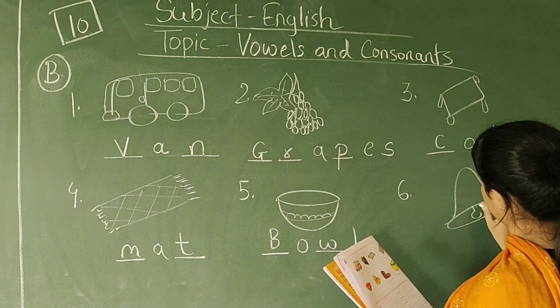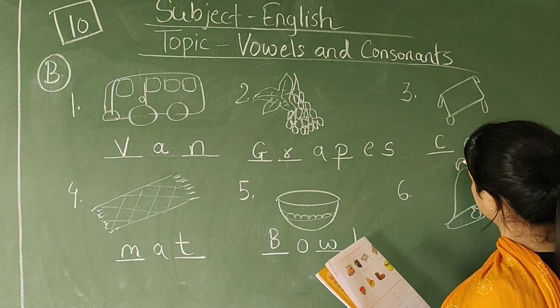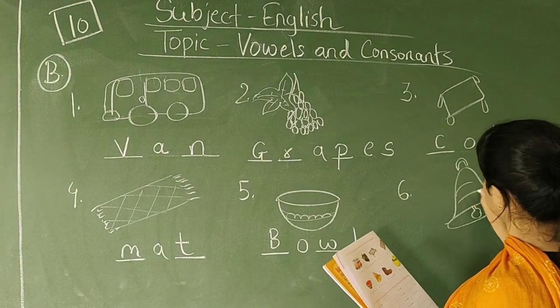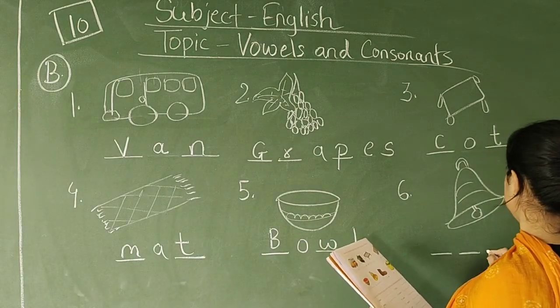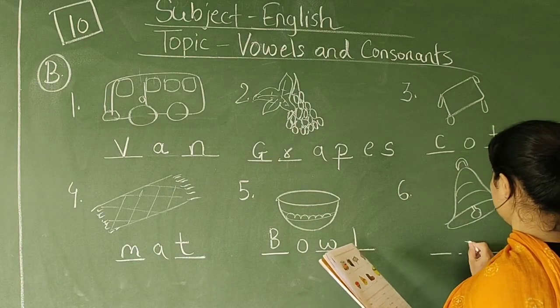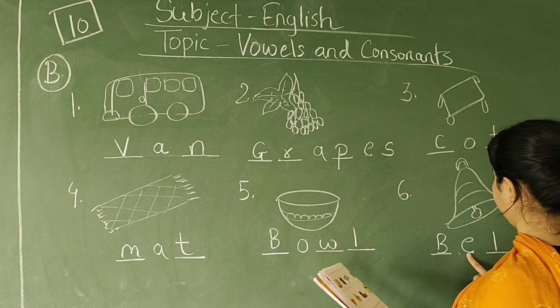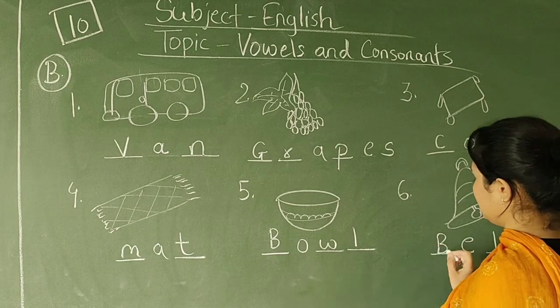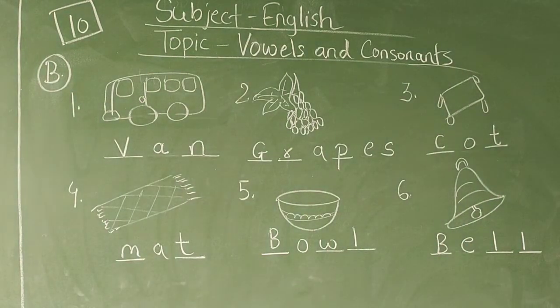So what is this picture? This is the picture of blank E blank blank. So here BELL, bell. Write down the spelling BELL, bell.